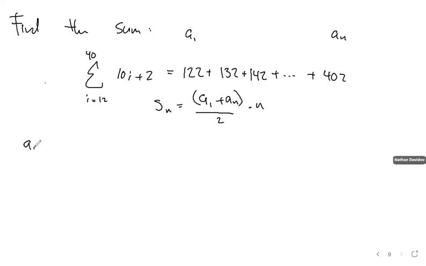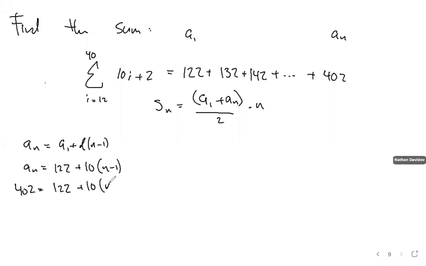I know that the nth term is given by a1 plus d times n minus 1. Plugging in a few values, a1 is 122, d is 10. So this is the nth term here. I'm trying to find n when a sub n is 402. All right.